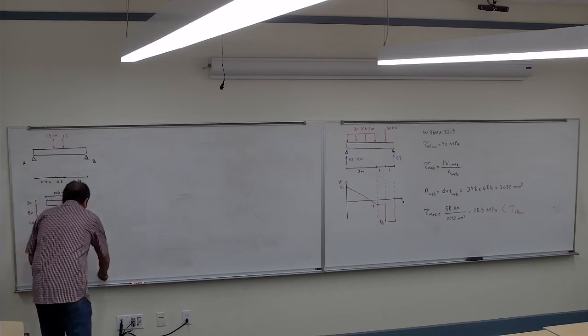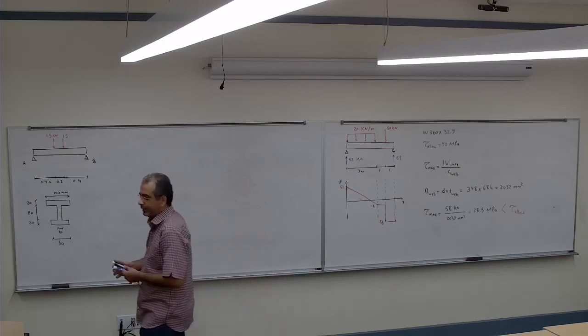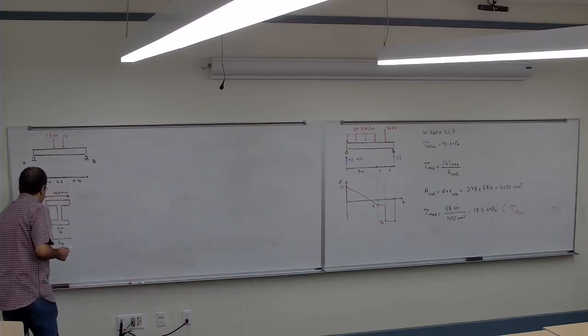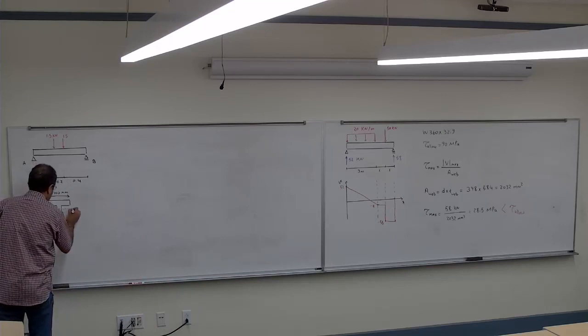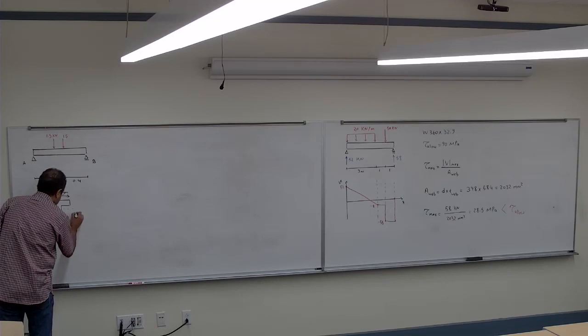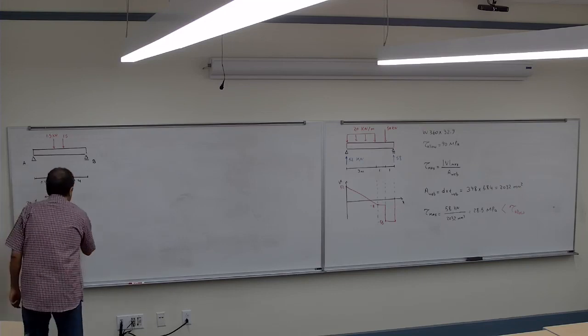So the information for that is given. If the C is located there, so the C is located here, and the distance to the C is 68.3 millimeter.